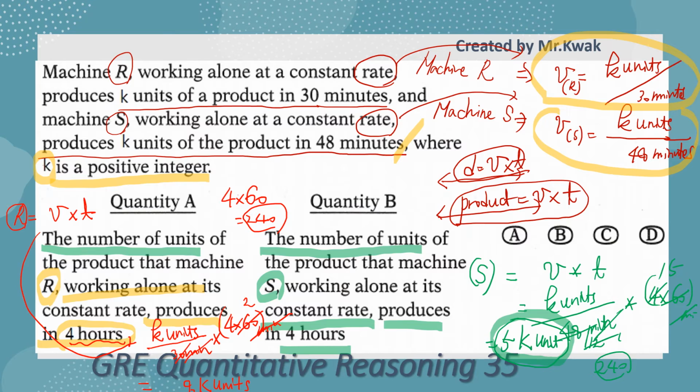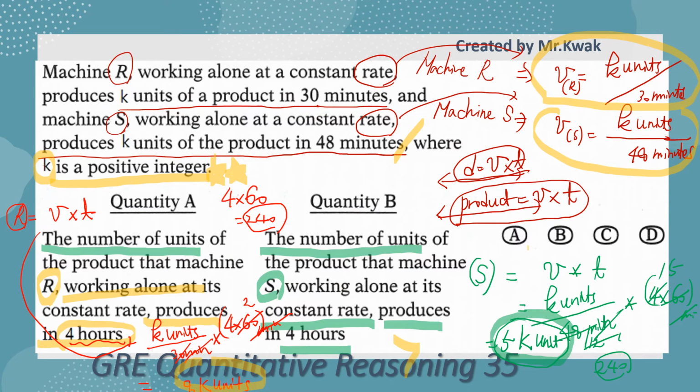Quantity A, we already found, is 8K units. So which is larger, quantity A or quantity B? Of course, quantity A is larger, but we should be careful. K is a positive integer, so there is a specific condition, and we don't have to worry about it.